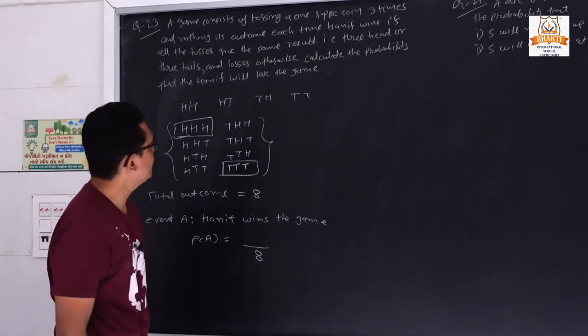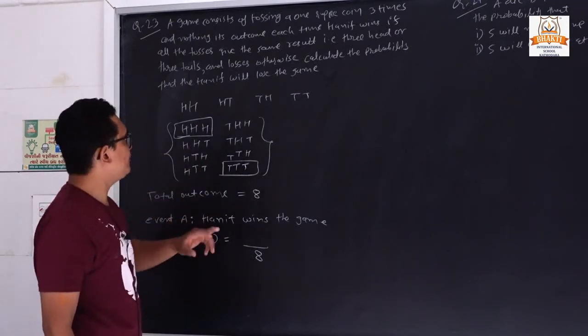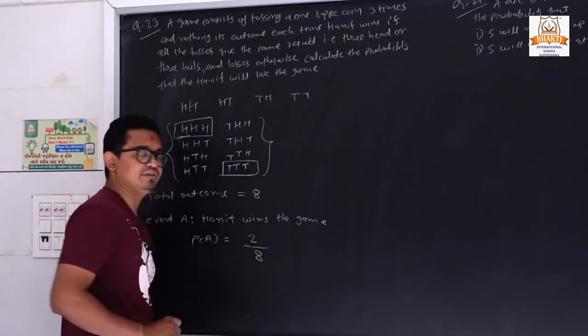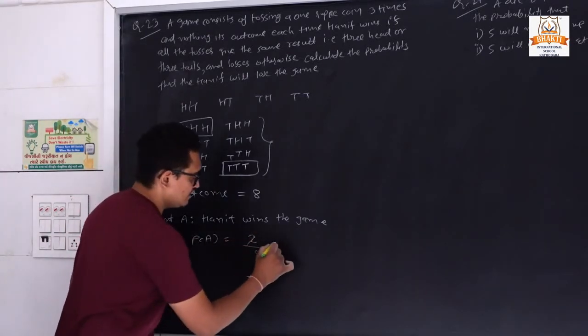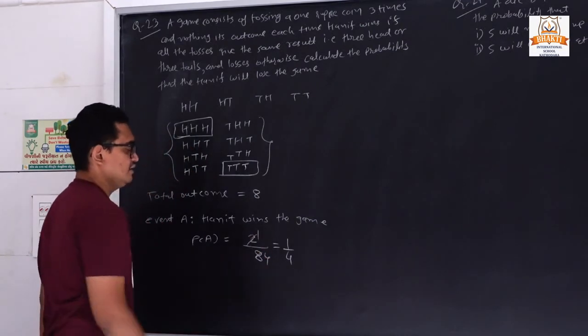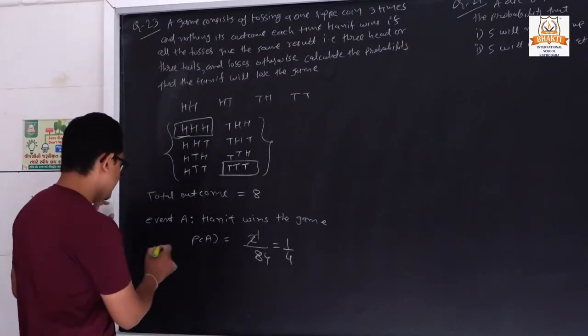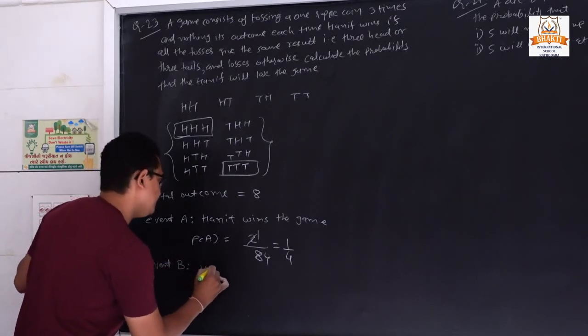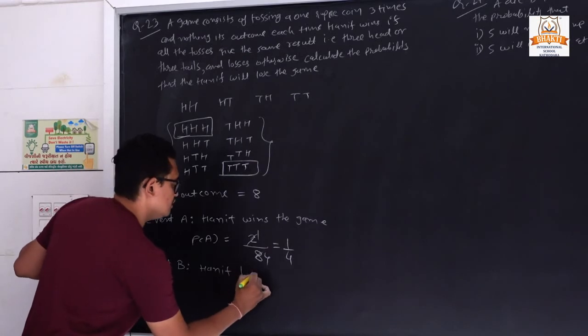It is 8. Out of 8, Hanif wins if 3 tails or 3 heads. So it will be only 2 events. So 1, 2 ones are 2, fours are 8. So the answer is 1/4. Now we can also find out for Hanif losing the game.